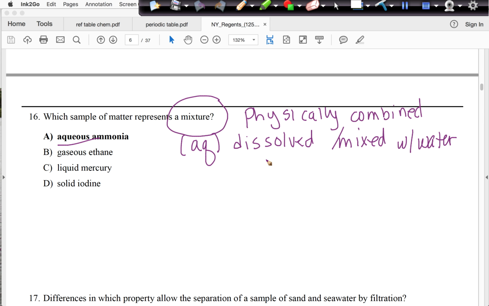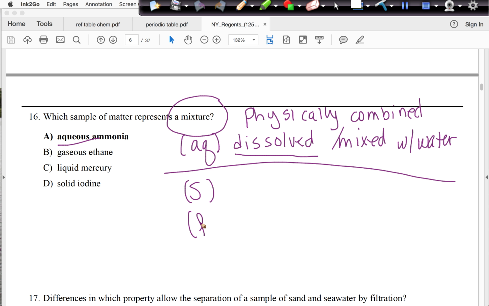Okay, it's mixed with water and it dissolves to make a homogeneous mixture. But something like a solid, a liquid, or a gas, we only use those symbols or those terms when we're talking about a pure substance, and pure substances by definition are not mixtures.